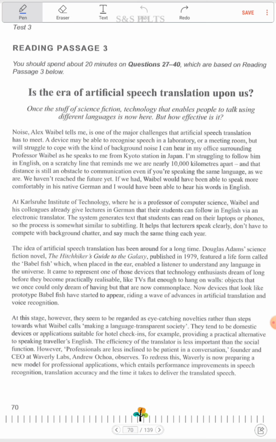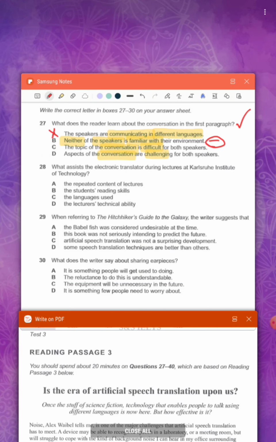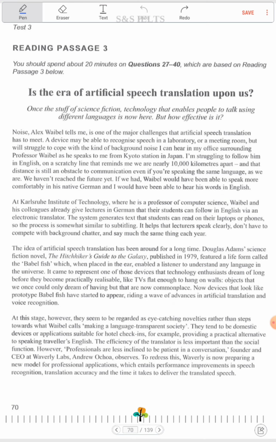And as you can see, the main challenge highlighted in the text is the obstacle in communication, which is posed by factors like noise and technical issues, making the aspects of conversation challenging for both speakers. So the answer D is the correct option. Okay.